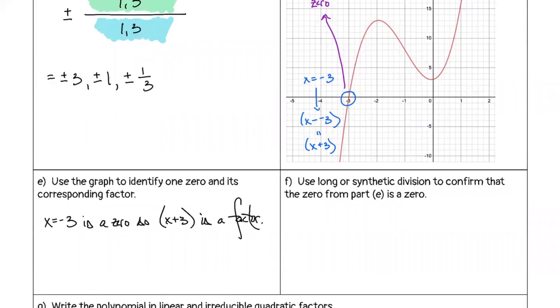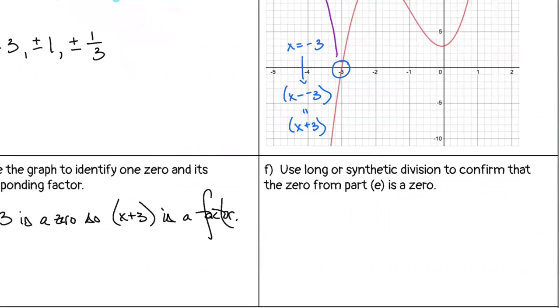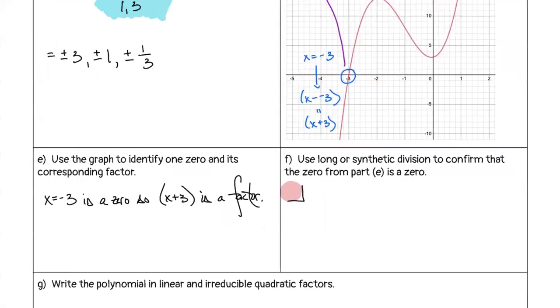X equals -3 is a 0, so X plus 3 is a factor. All right, so if we're going to set up our synthetic division here, what number goes inside that little half square? Yeah, let's get that -3 in there.